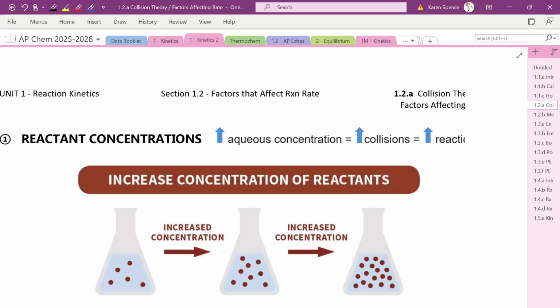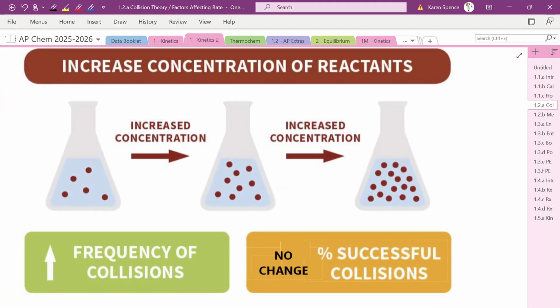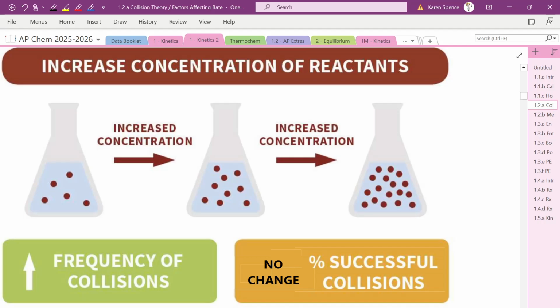So for reactant concentration, here's an aqueous concentration. If we have more particles in the same space, what would we get?